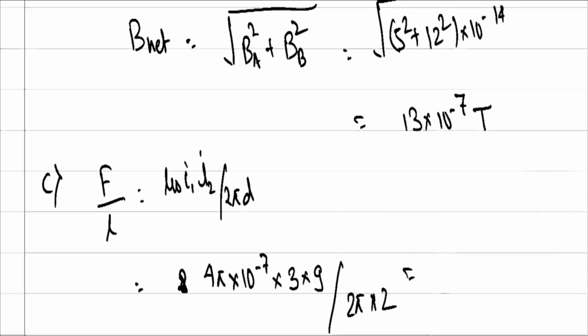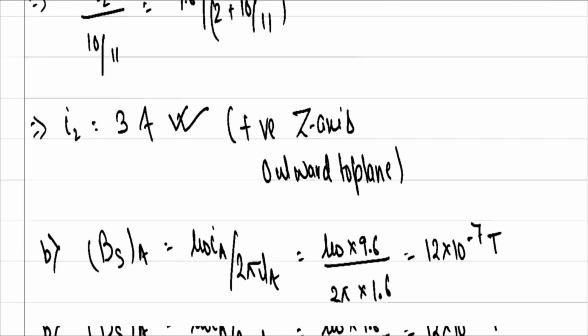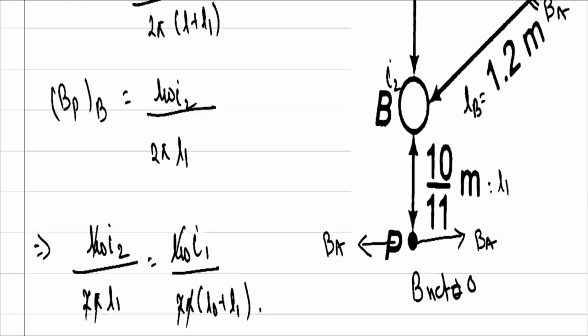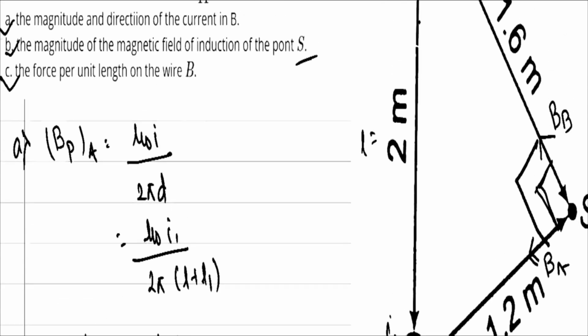Now when we calculate it, we will get 2.88 into 10 to the power minus 6 Newton per meter. Okay, so this is the answer of part C.